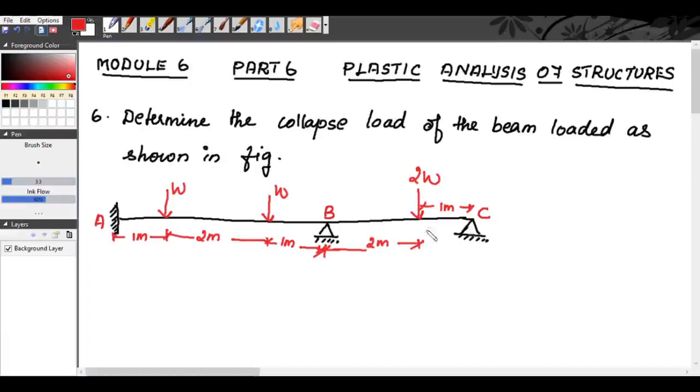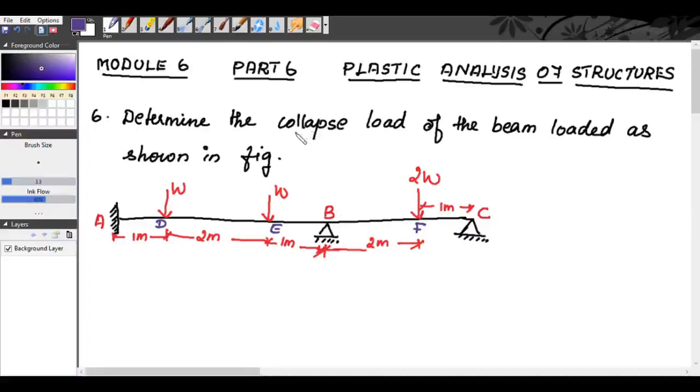Also, the span BC is 3 meter, and in this span BC there is a concentrated load of 2 W0 at a distance of 1 meter from C. So let us take this point as F. So ABC, let us take these as D, E and F. So let us see how to analyze this problem.